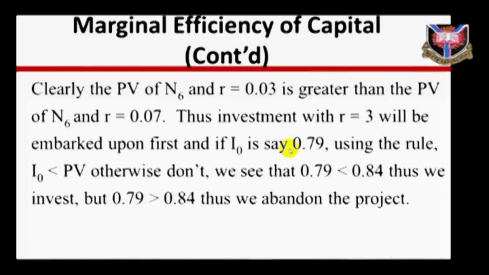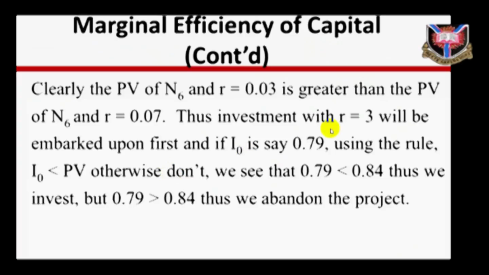Thus, investment with R equals 3 will be embarked upon first, and if I naught is, say, 0.79, using the rule, I naught is less than PV, invest. Otherwise, don't. We see that 0.78 is less than 0.84. Thus, we invest.